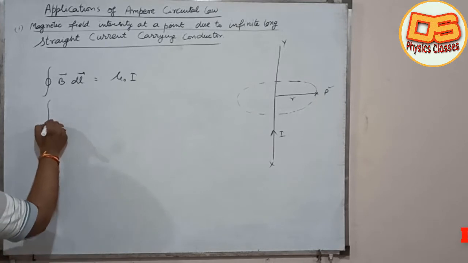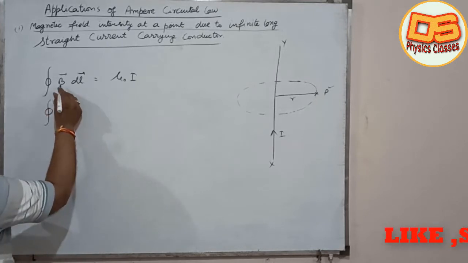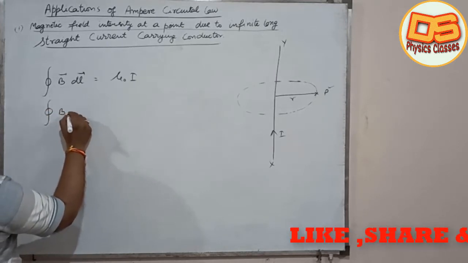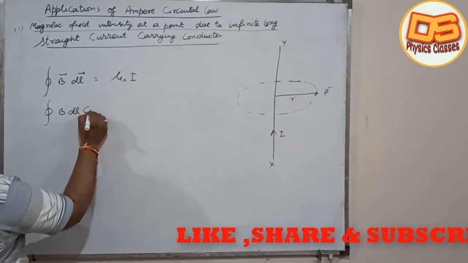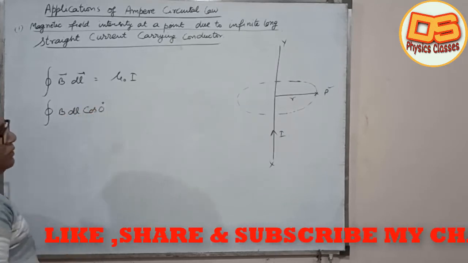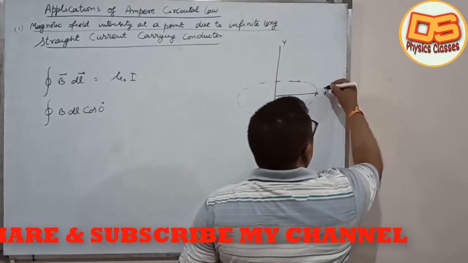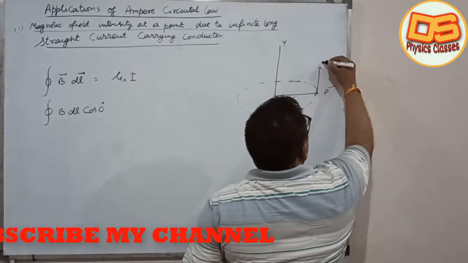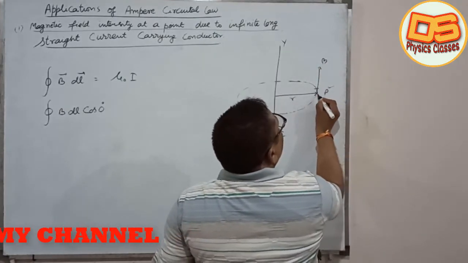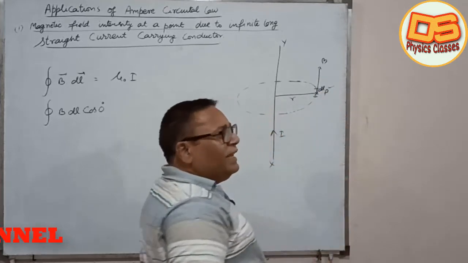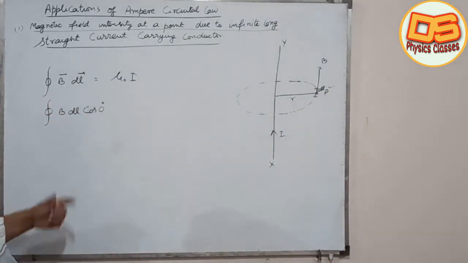Then B dl cos 0. The reason is the same: the direction of magnetic field B and this dl, and the angle between them is 0.